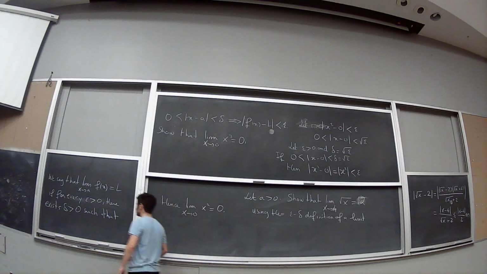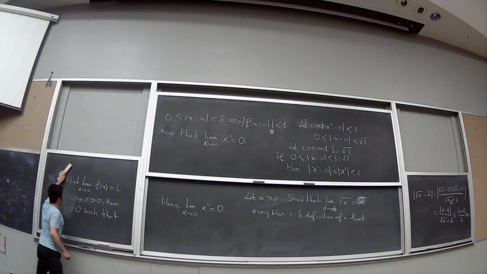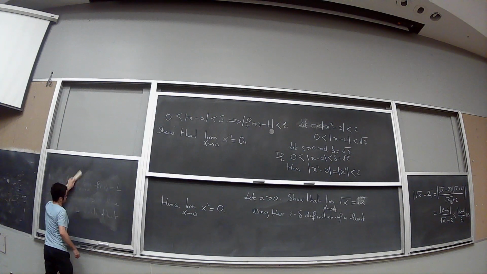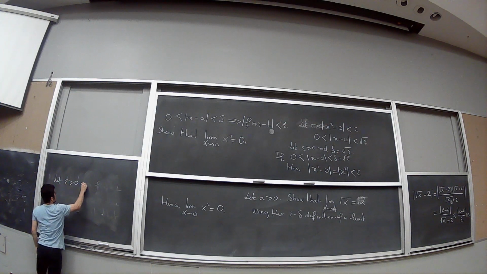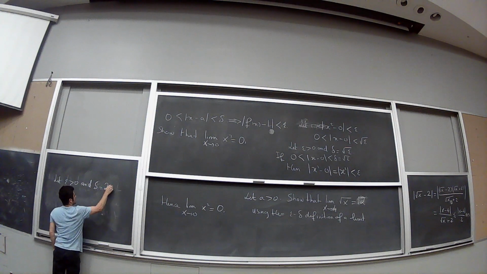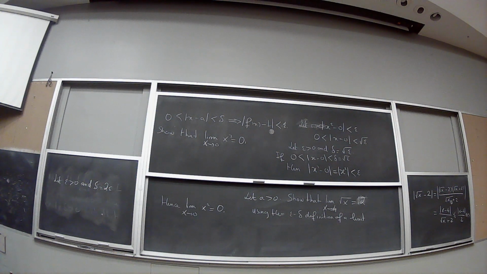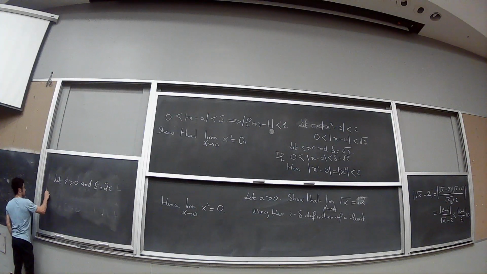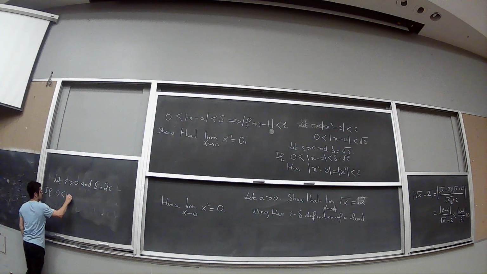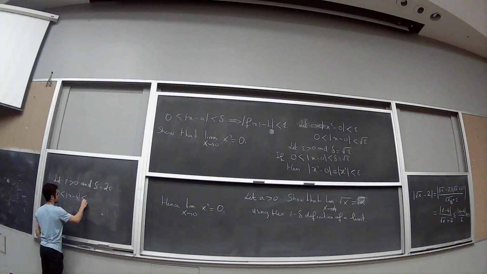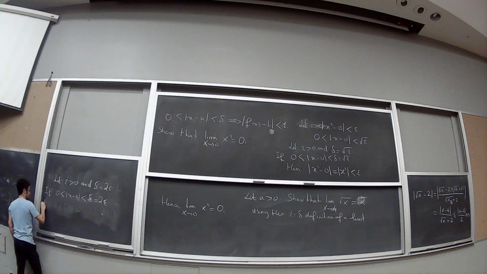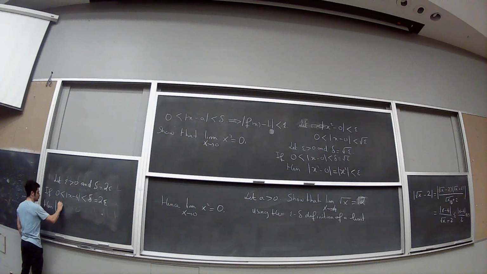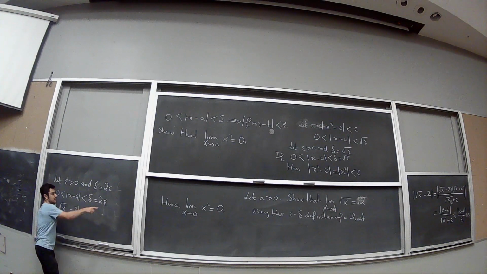Let's do that. So let epsilon be positive, and let delta be 2 epsilon. If the absolute value of x minus 4 is between 0 and delta, which is 2 epsilon, then f of x minus L, which is root x minus 2, what is that equal to?